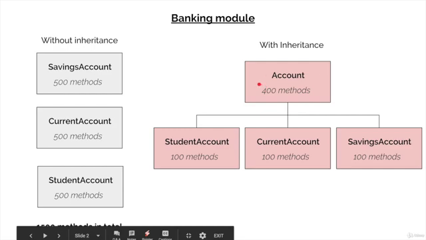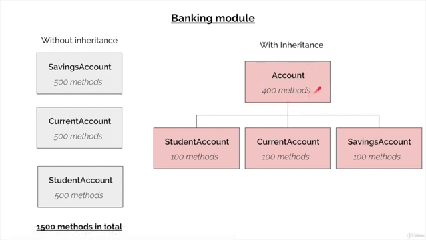But over here you have to write the withdraw function once in the account class, and all the three classes can inherit the account class, and by default they have access to the withdraw function. So if a user wants to withdraw from the student account, we call the withdraw function, which is available in account class. Similarly for current account, and similarly for savings account.